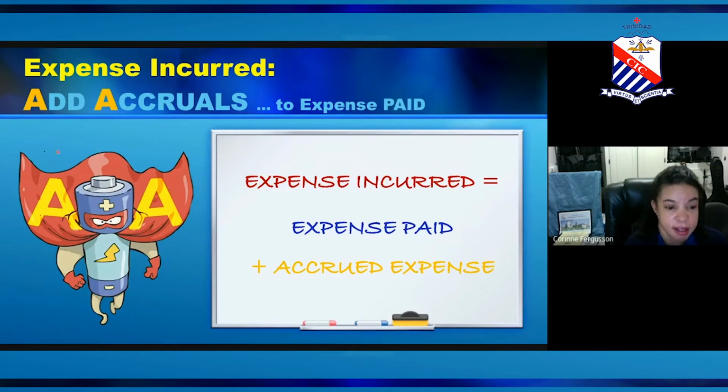AA, AA batteries, you always add accruals. So whatever the accrued amount, if they give you an accrual and they give you the amount that is paid, to find the amount that goes into the income statement, which is your expense incurred, you would take the expense paid and you would add accruals.